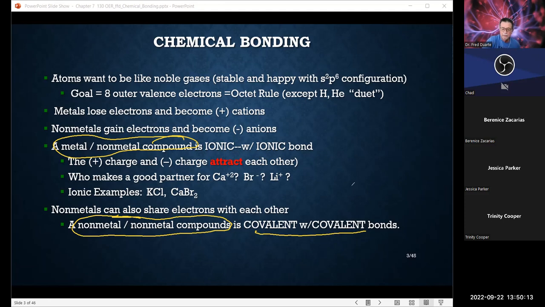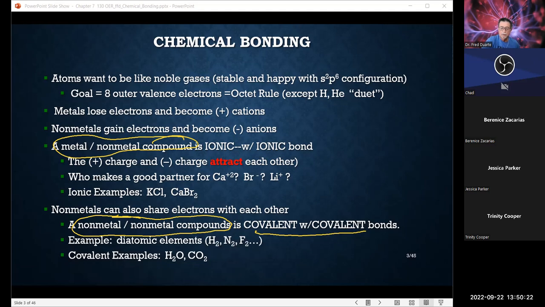Covalent, and how we identify them is the fact that it's a combination of two nonmetals. So all 7 diatomic elements are covalent compounds, okay? Because it's two nonmetals. But things like H2O, water, carbon dioxide, those are further examples of covalent compounds, okay?